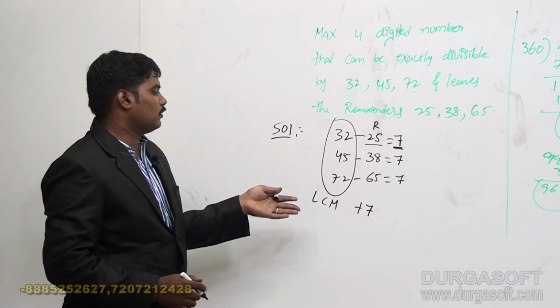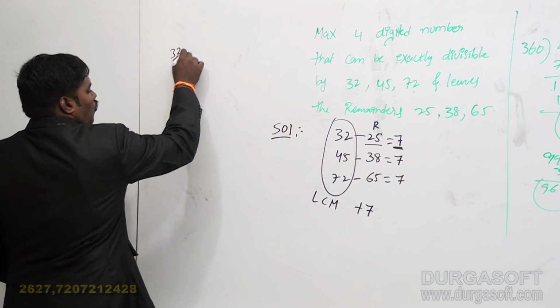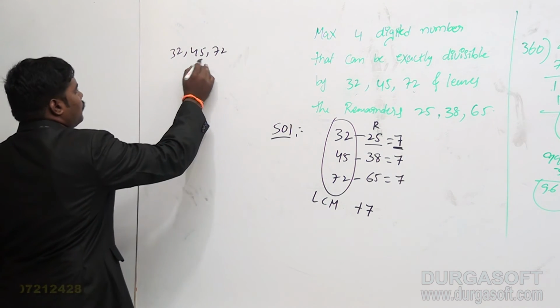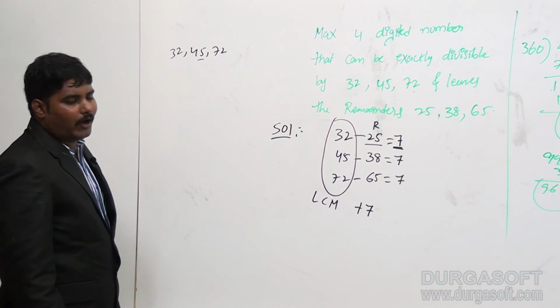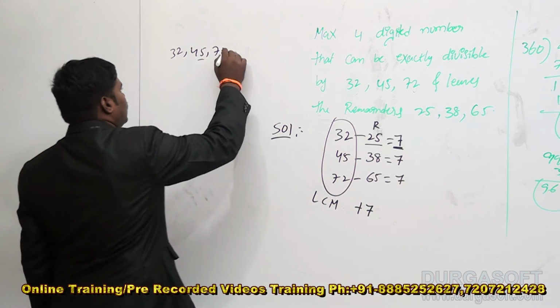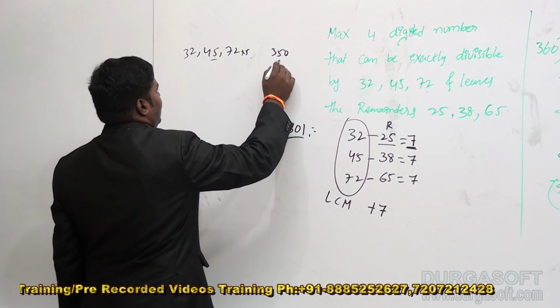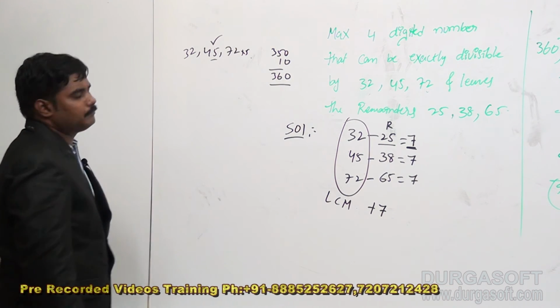Then what is the LCM for 32, 45 and 72? Here there are 5 multiples, so you must check for the multiples of 72. 72 5s are 360. Is 360 common to 45?